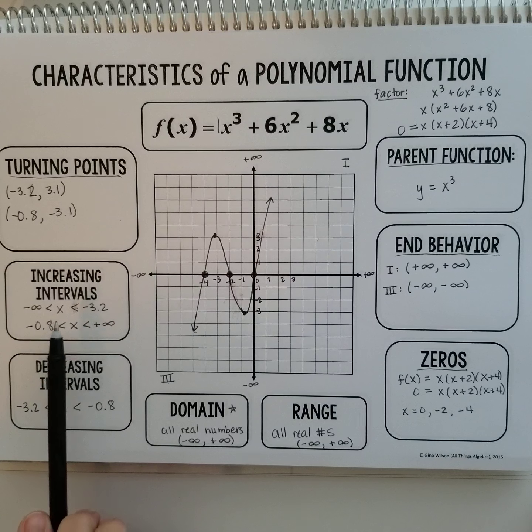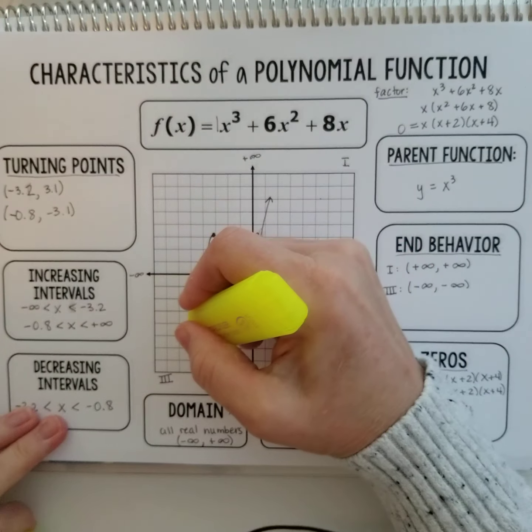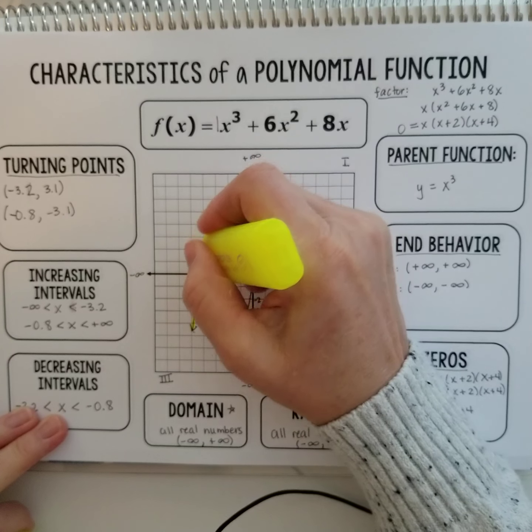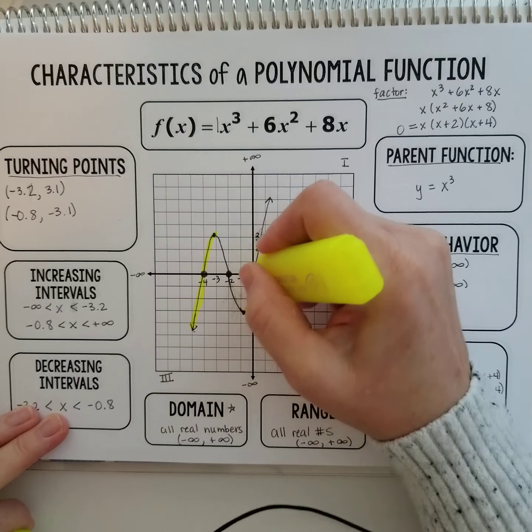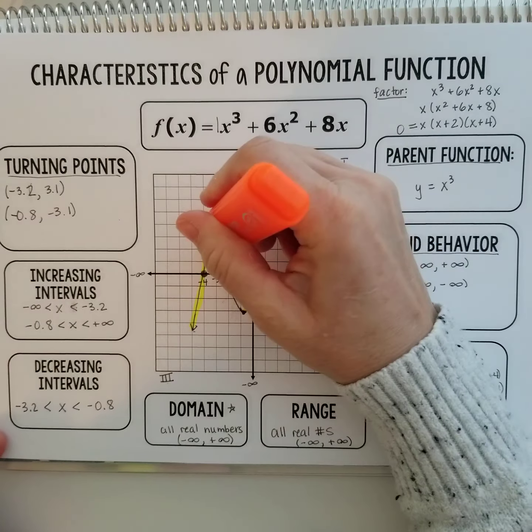Turning points, where is it increasing, where is it decreasing? And quite frankly, I think it actually really helps sometimes. I like to kind of color code this a little bit with a highlighter. So if I were doing my increasing points, I'd be saying it's from here to here, and then again from here to here. And then it's decreasing from here to here.